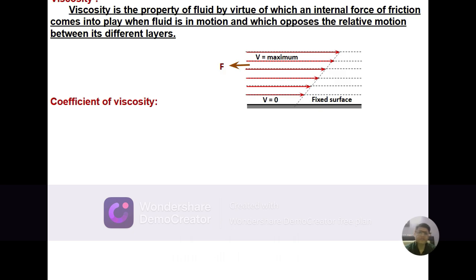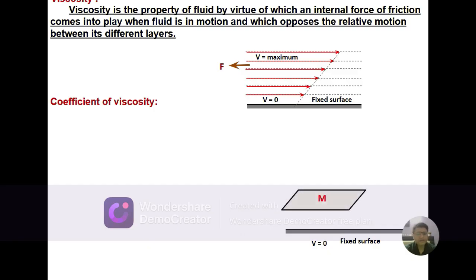So what is the coefficient of viscosity? Let's talk about it. We have two different layers. Say the bottom layer is called the M layer, and the layer above is called the N layer. Since both are moving with different velocities, as we had seen in the above case also, this one is moving with velocity v, and this is moving with velocity v plus dv.